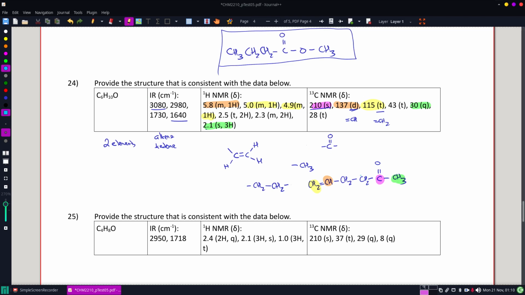Now, our most deshielded of these CH2s is also the most deshielded triplet in the carbon NMR, but it's only being split by just those 2, so it's the only one here that is a triplet. And then our final one got to be this guy, and it's right there.